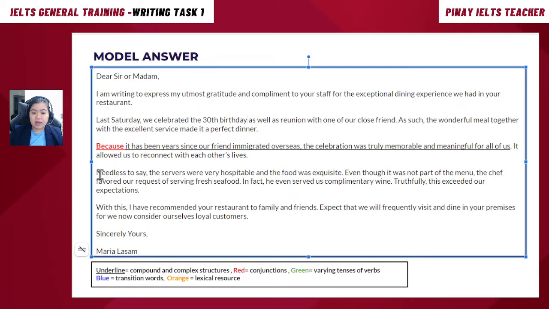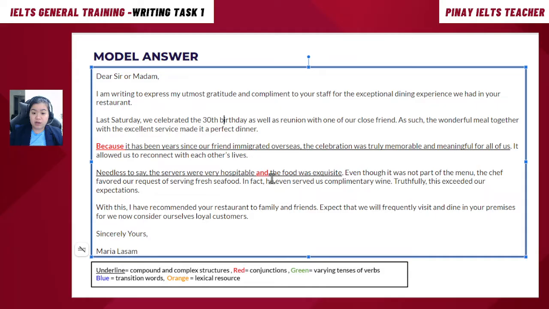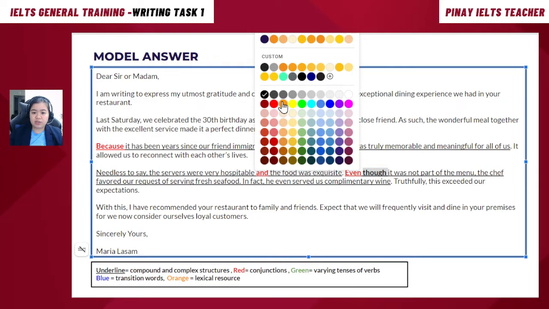Okay. Needless to say, the service and the food was exquisite. So this was a compound sentence because the word and functions as a coordinating conjunction. Even though, so now this is also a complex sentence structure, even though functions as a subordinate conjunction.